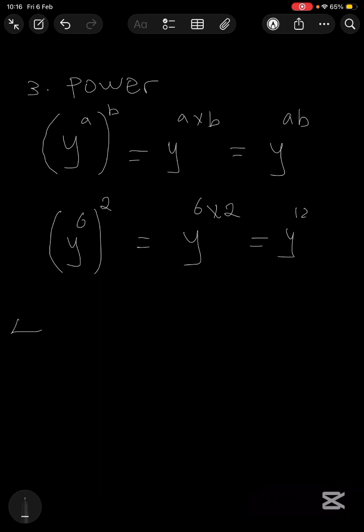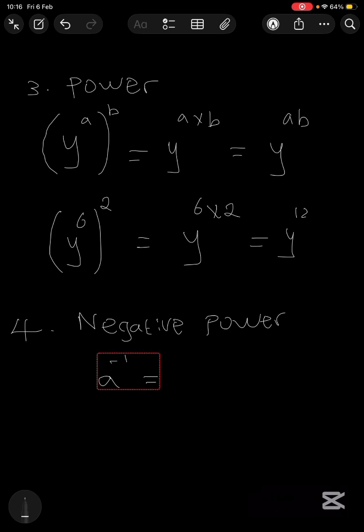Number 4, our fourth law of indices, negative power. Negative power is the same as reciprocal.